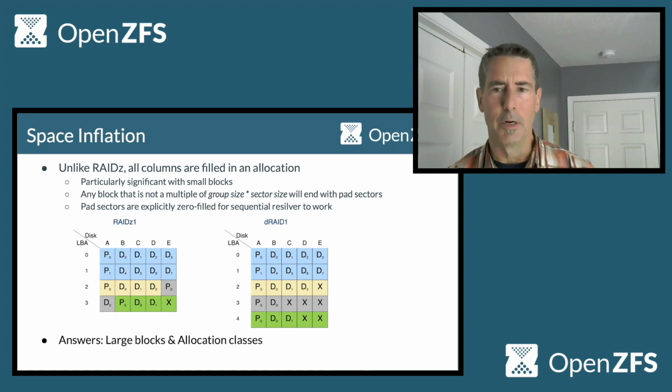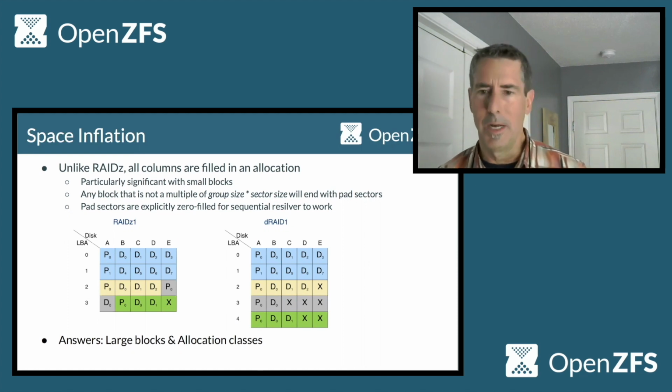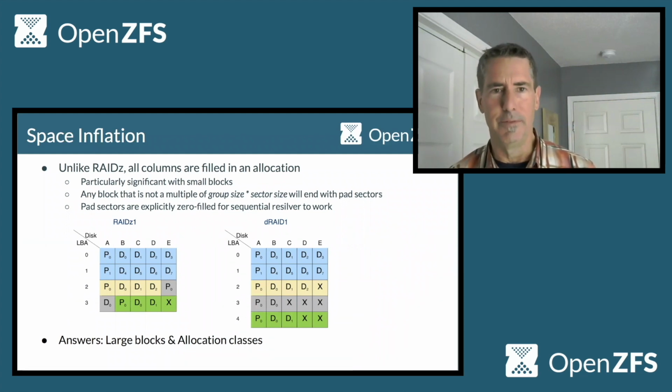Let's go back to our example of, let's say we have an 8 wide stripe with, say, 2 parity. So we have 3K, and this is a 512 sector size. So we have 3K of space as our minimum allocation size. So if you start saving blocks that are small in 3K, you are going to consume 3K of data space for those blocks regardless.